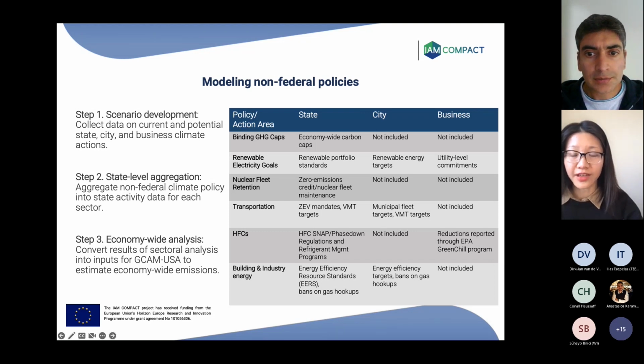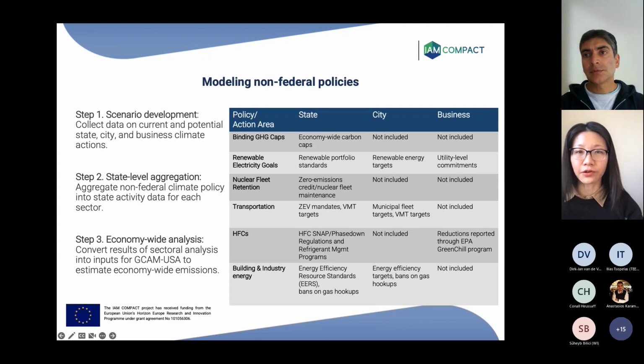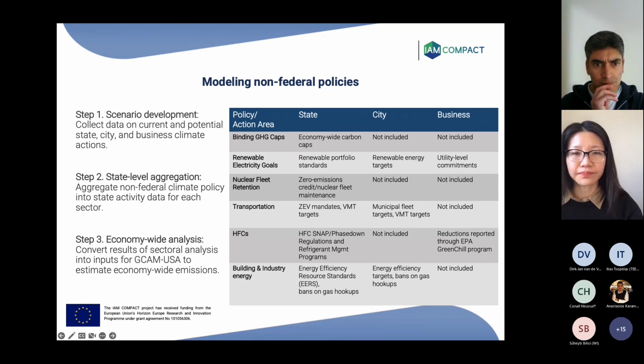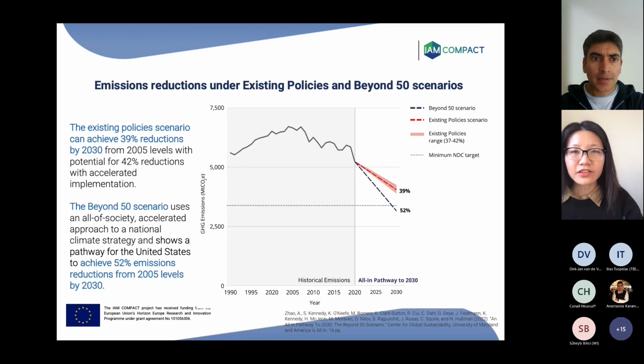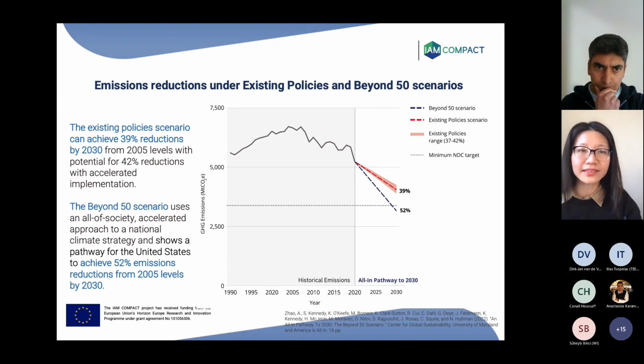Transportation, we also see a lot of action at the local level compared to federal. Same, for example, in the building sector. So we go through all of that, and we design all of those as an input file for GCAM USA. So just to give you very high level results from our analysis.